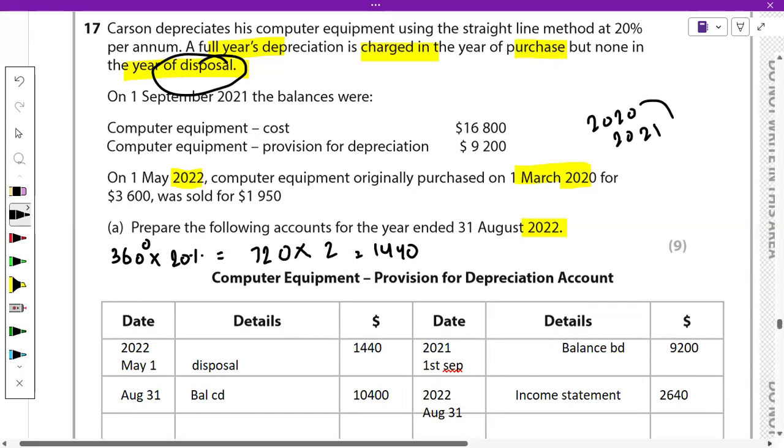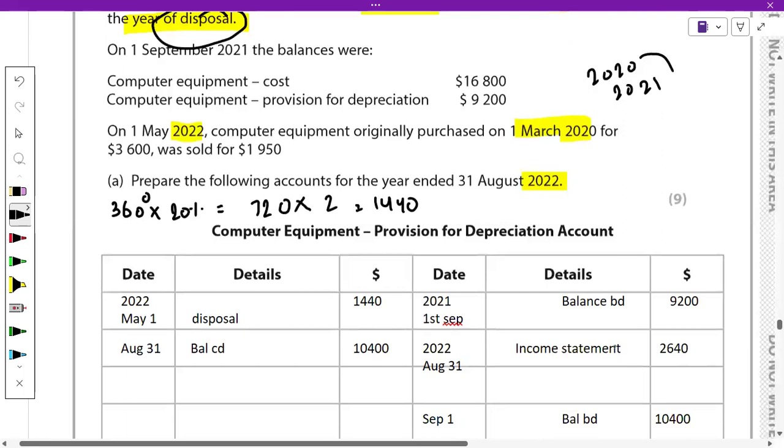Okay, so now let's see in the income statement how much depreciation we should transfer. Because in the income statement, we know that we will be transferring the depreciation only for those assets which we are using right now, not the sold one.